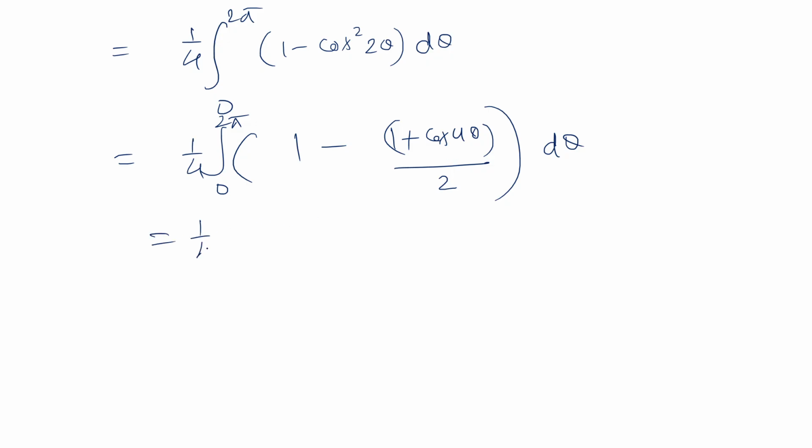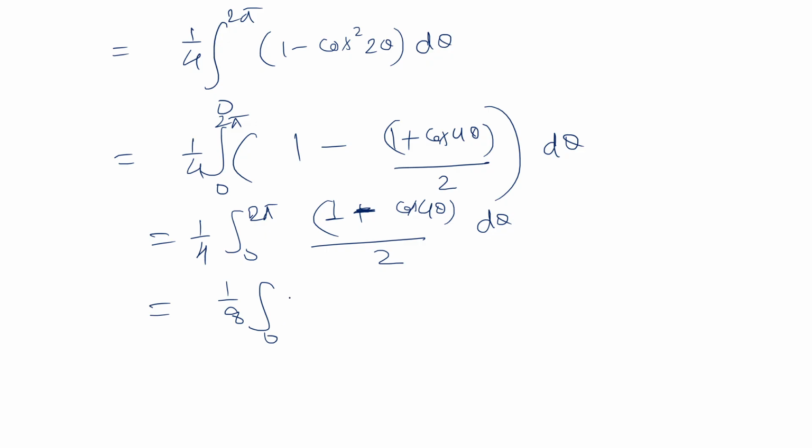So 1 by 4, let us solve it. 2 minus 1 gives 1, minus cos 4θ, by 2, dθ.